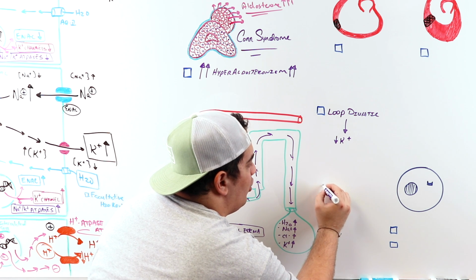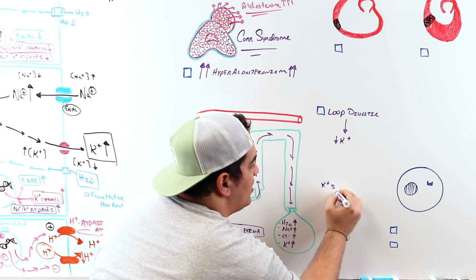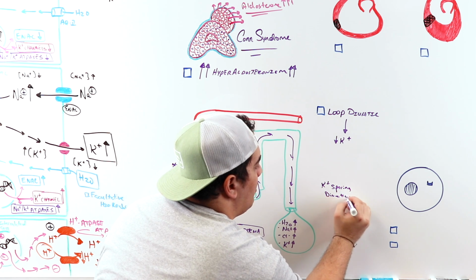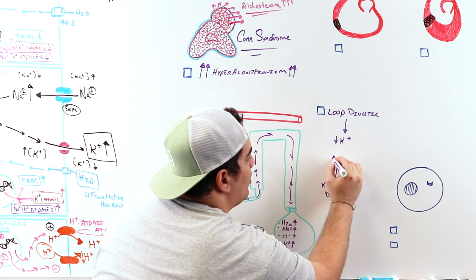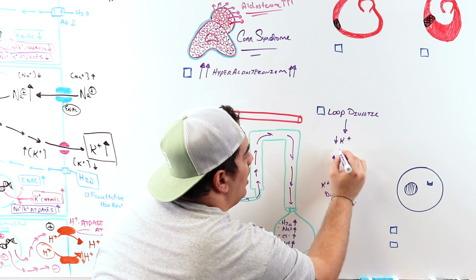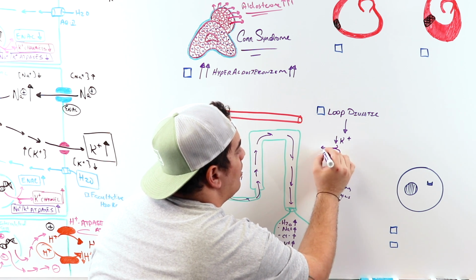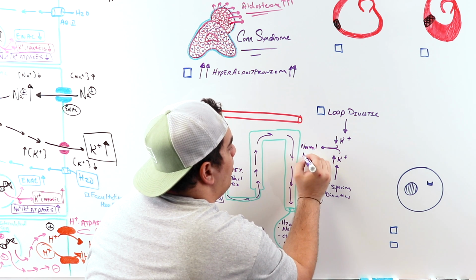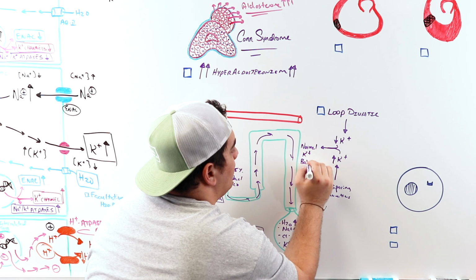And this is where we could utilize potassium-sparing diuretics. Because what they're going to do is help to increase the potassium. And maybe the goal out of both of these is we'll be able to maintain a normal potassium balance.